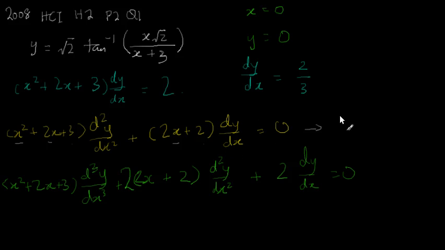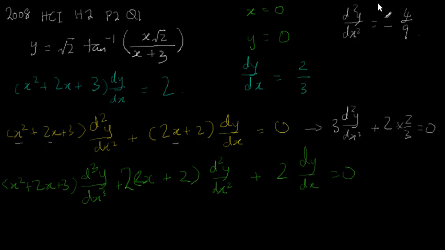So this gives 3 d2y/dx squared plus 2 times 2/3. Then we can solve for d2y/dx squared. That's 4/3. Bring that over, and then bring the 3 over as well. I get minus 4 over 9. So I have the second derivative now.